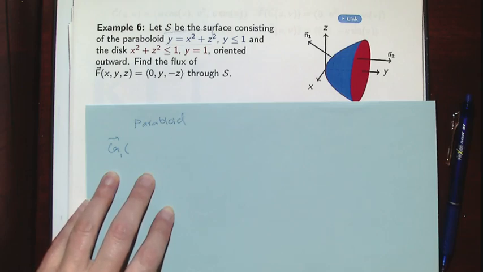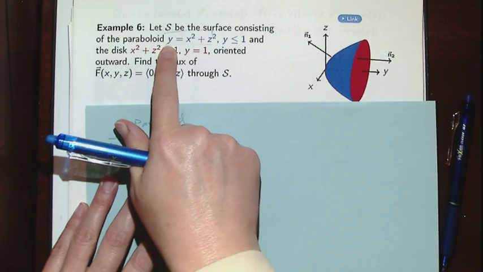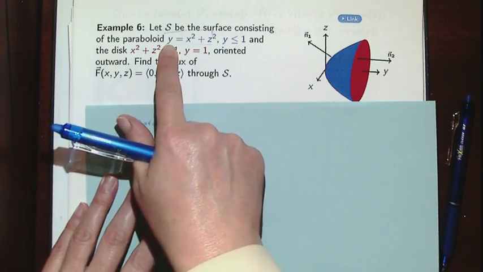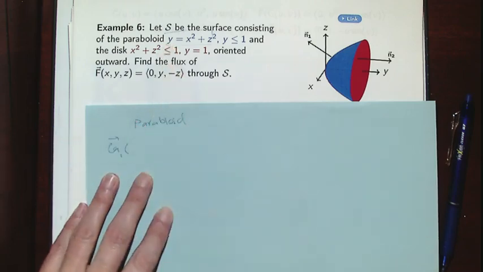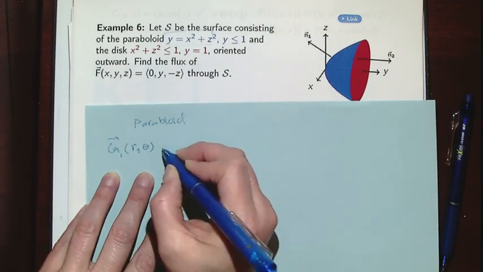It's an r squared, but if I parameterize x and z, r cosine and r sine, right? And it's not equal to a constant. Therefore, r is changing. Agreed? So I can write it as r and theta.